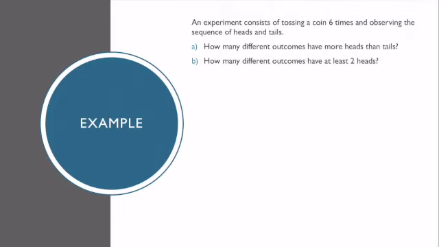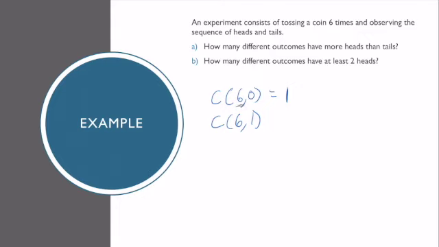Next, I would like to know how many different outcomes have at least 2 heads. So that means it could have 2, 3, 4, 5. It just can't have 0 or 1. So I need to find the combination of 6 choose 0 and the combination of 6 choose 1. Well, 6 choose 0 is just going to be 1, over 0 factorial, which is going to give us 1.